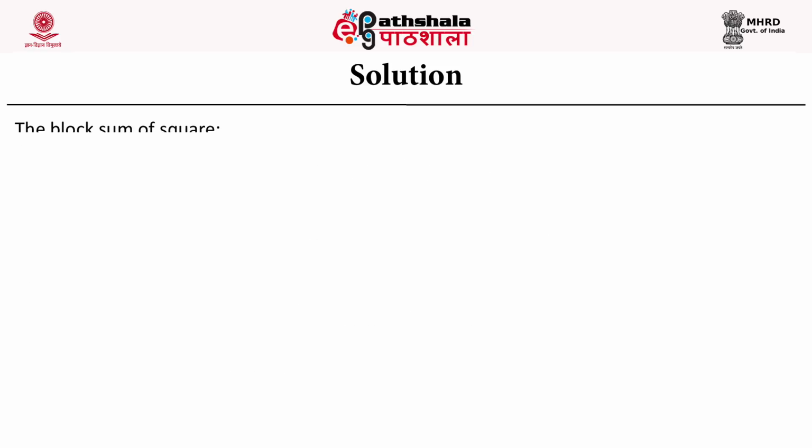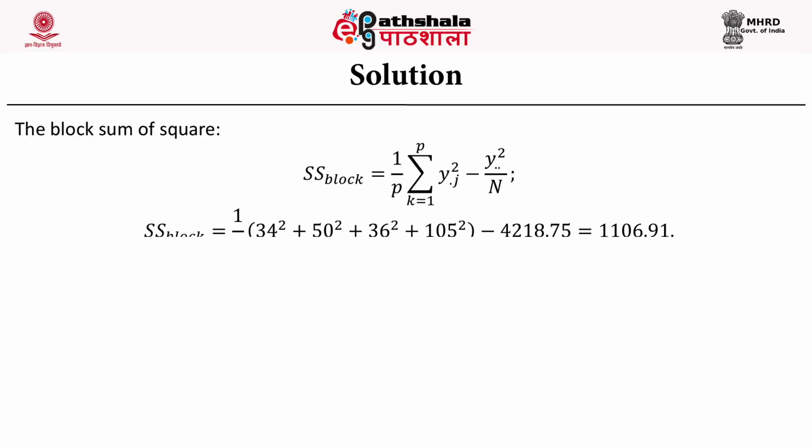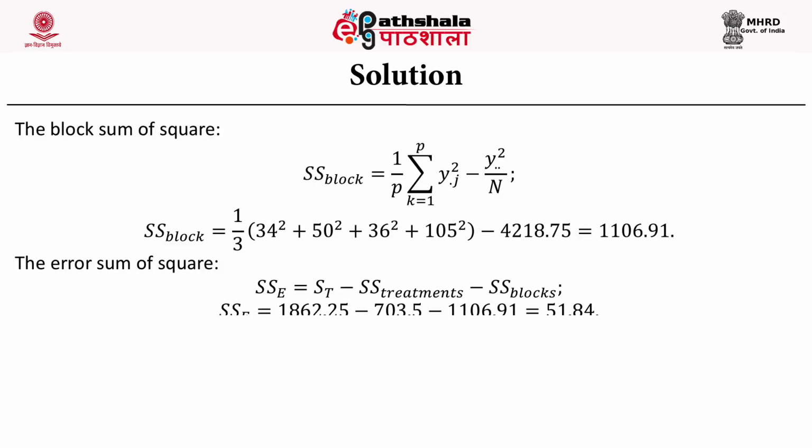To find the error sum of squares, we subtract the treatment sum of squares and the block sum of squares from the total sum of squares. That is 1862.25 minus 703.5 minus 1106.91, which comes out to be 51.84.